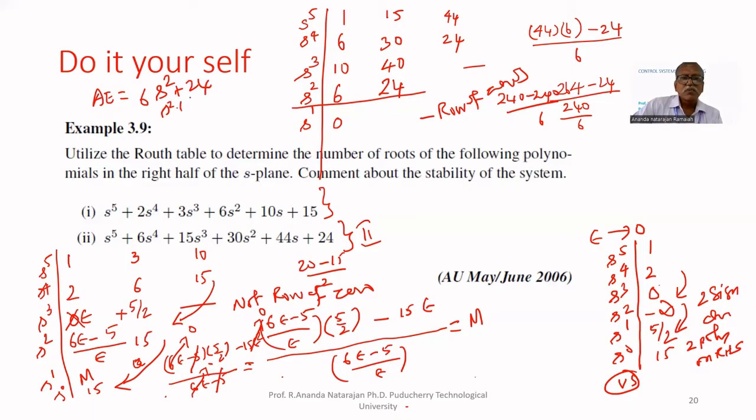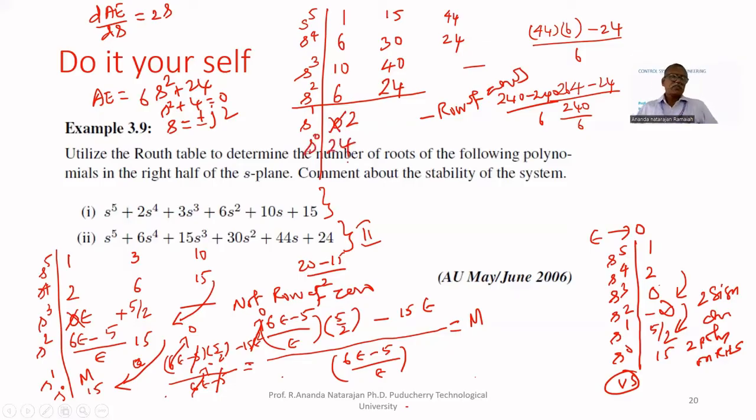So S square plus 4 equal to 0. So S equal to plus or minus j2. Poles on the imaginary axis. Derivative of A by ds equal to 2S. Therefore, this can be replaced by 2, and S power 0 is 24.